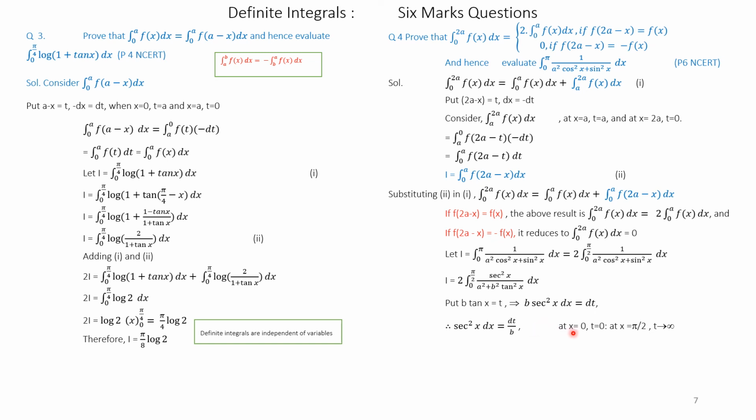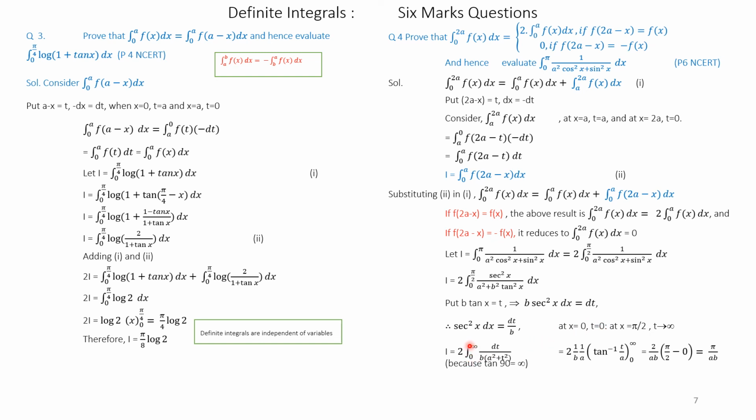At x is equal to 0, tan 0 is 0, therefore t is equal to 0. Similarly, at x is equal to 90, that is pi by 2, t becomes infinity, since tan 90 is infinity. The new limits of t are 0 and infinity.